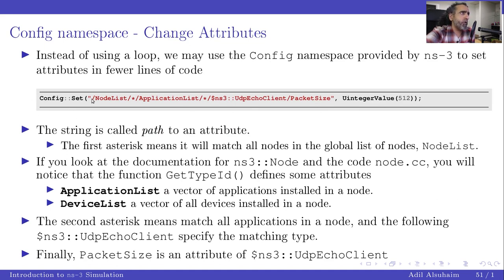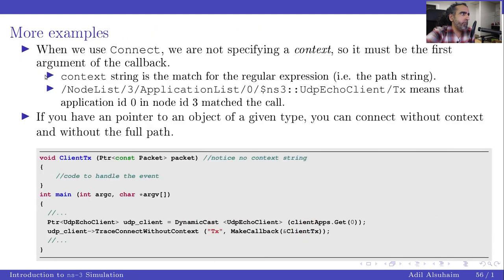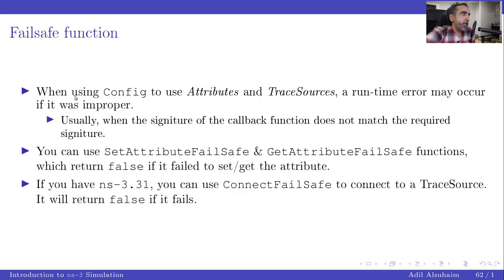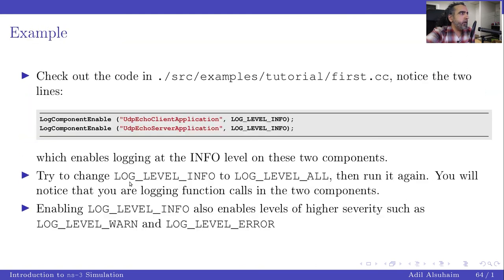Okay, so this is one way, if you want more checking during compile time, and it returns a Boolean. If you're using ns-3.31, the latest version, you can also use ConnectFailSafe, which will return false if the connection fails. So here, instead of Connect, you can have ConnectFailSafe.